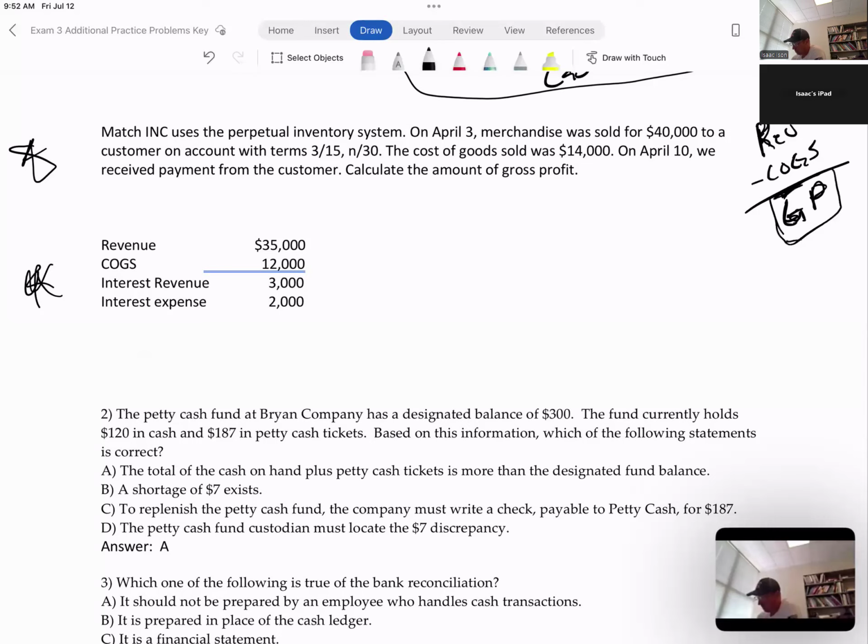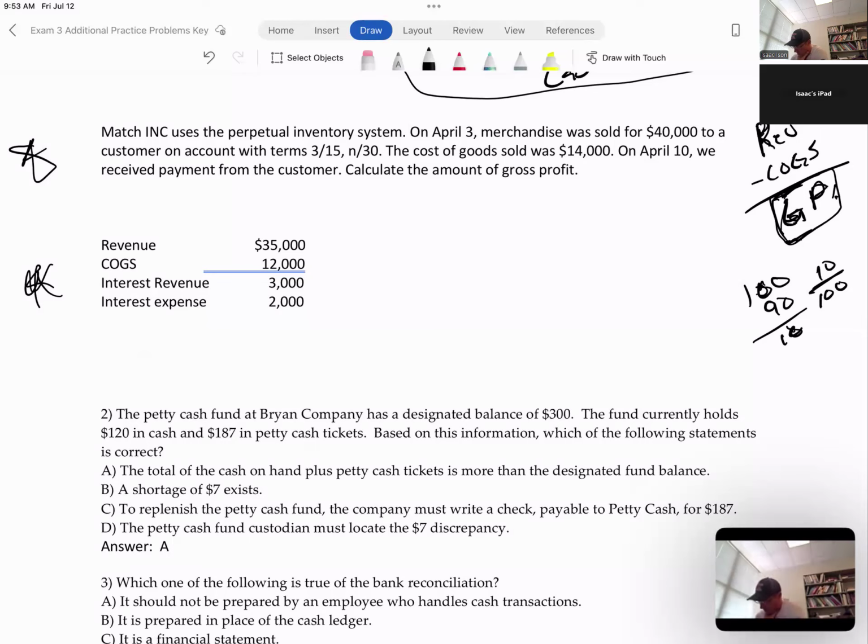So if you're selling something for $100, but it costs you $90 to manufacture it, or you buy it from someone else, then obviously your gross profit is only 10. And then gross profit percentage, which you actually don't have to do on this test, would be 10 divided by 100. Anyways, gross profit.